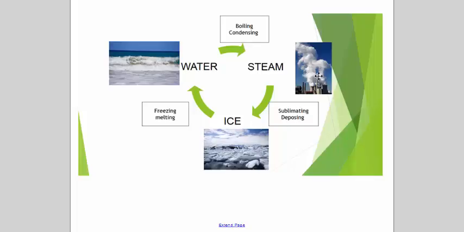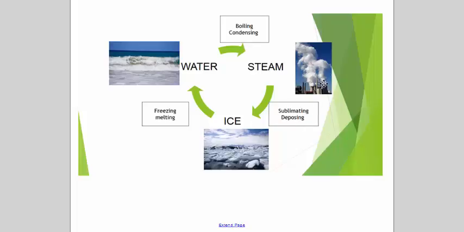Now sublimation and deposition are the least common. Sublimation is like dry ice when you're going from a solid straight to a gas, and that's what happens when you have dry ice and it looks like fog. That's the carbon dioxide going from solid straight to gas.